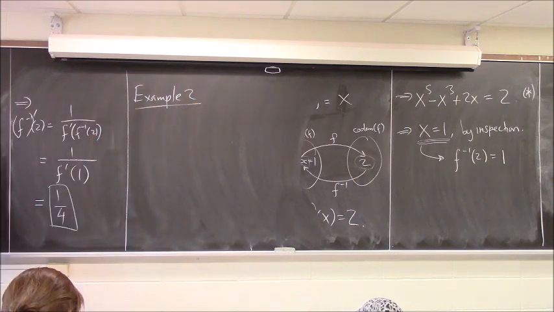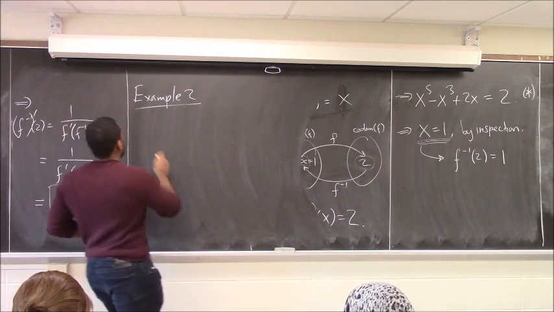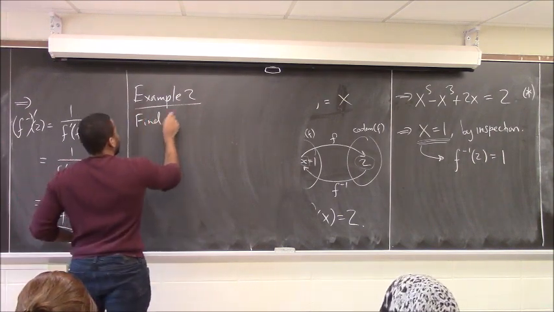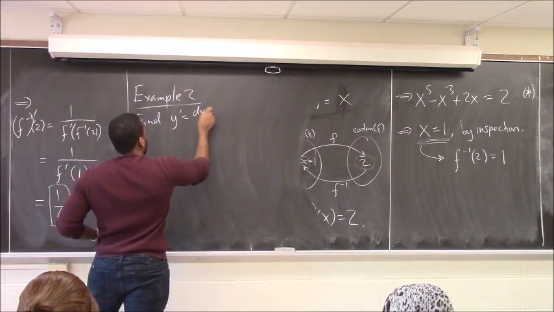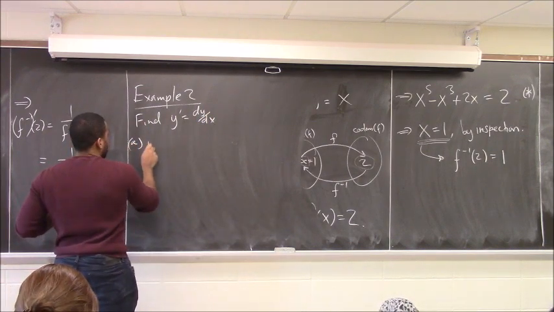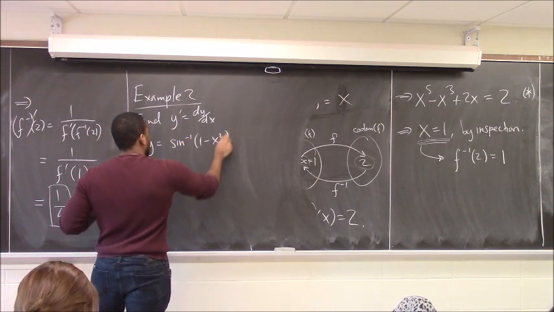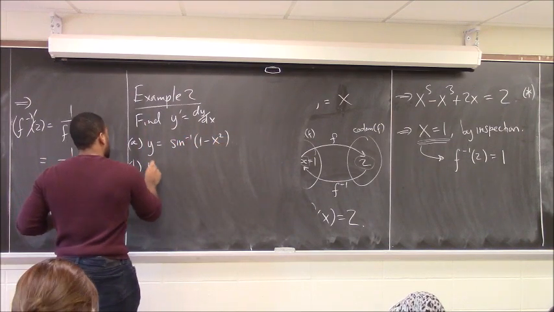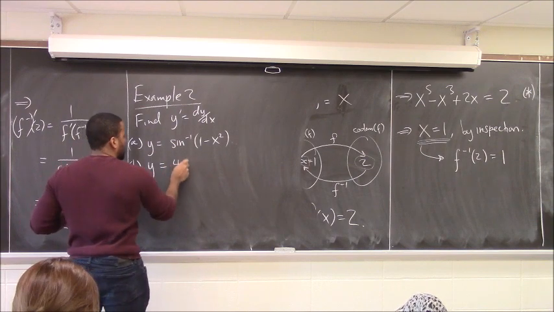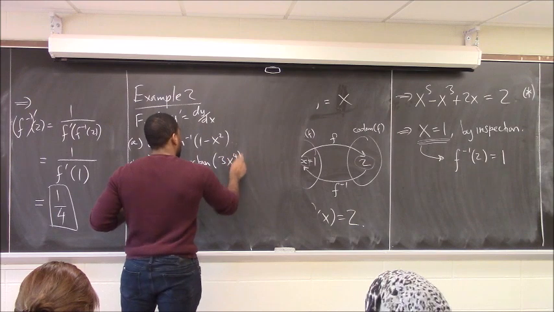Example 2, where I just asked you to find a bunch of derivatives. So this was to find y prime equals dy/dx. For these 4 examples, your y is the sine inverse of 1 minus x squared. Your y was 4 arctan of x to the 4th.